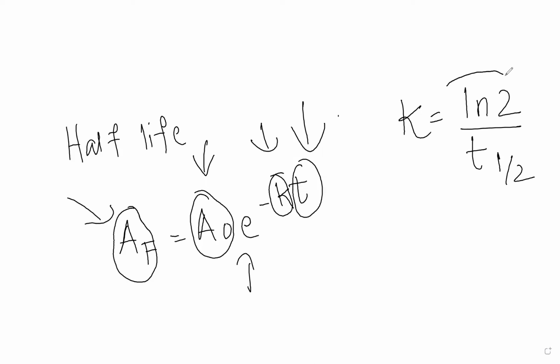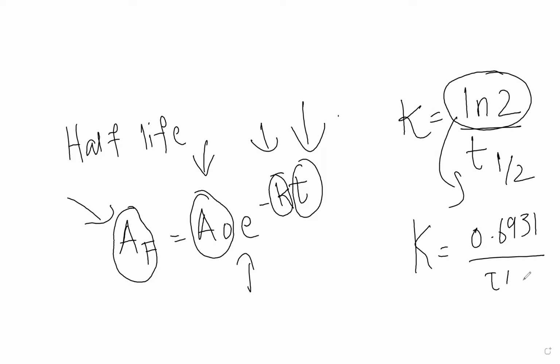And ln of 2 is a fixed value, so we can write this whole equation as k equals 0.6931 divided by t half. Okay, now we have two basic formulas. Perfect, let me move them to one side.